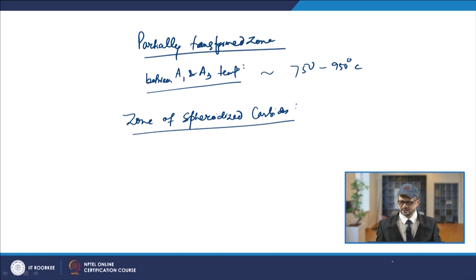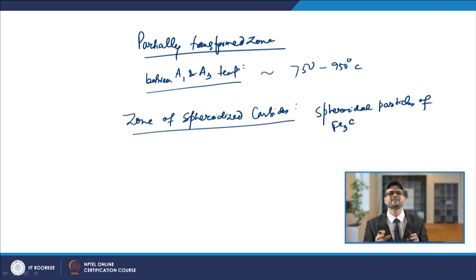Now this is the extension of the partially transformed zone just below that. When you have little alpha to gamma transformation, there is spheroidization of the pearlite. You get spheroidized particles of cementite, that is, spheroidal particles of Fe3C.